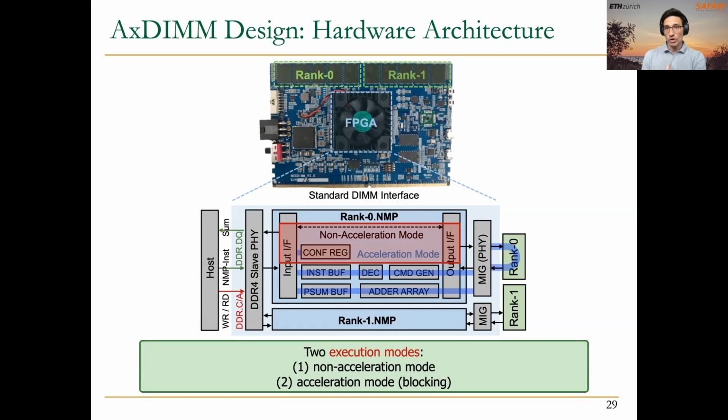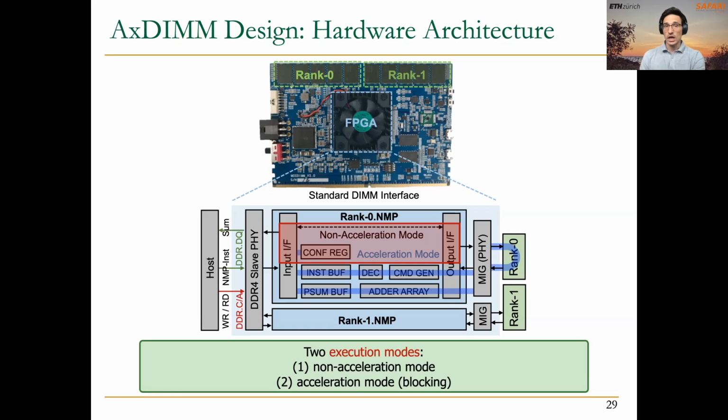You have to know that there are two different modes of operation of these AxDIMMs. One is the non-acceleration mode. This is when the DIMM works as a regular DIMM that is accessed by the host processor to read and write data from the memory arrays.